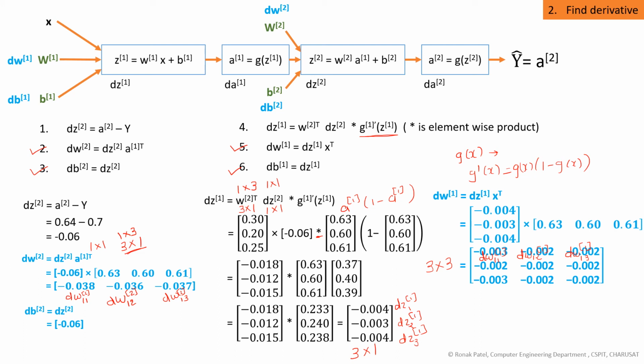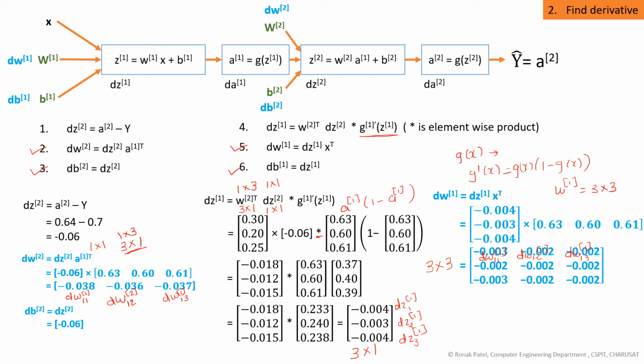Now with this matrix, we are calculating the derivative of individual weights with respect to loss. And what is the size of our W1? Size of W1 is 3 cross 3.